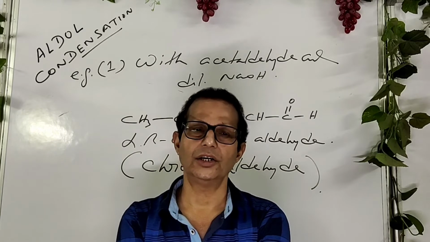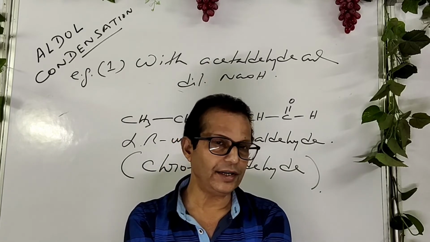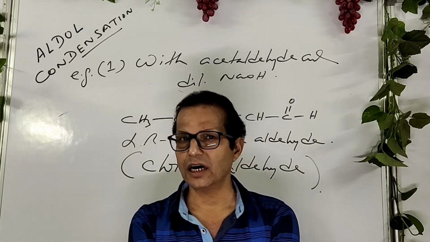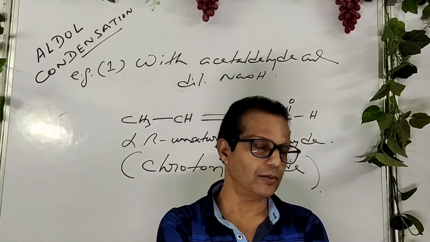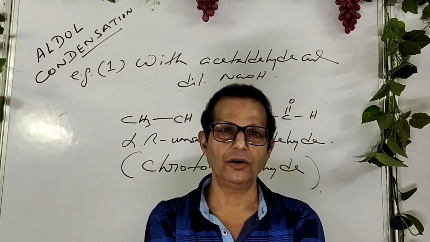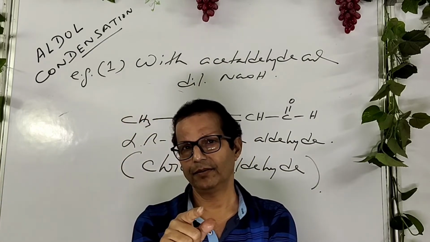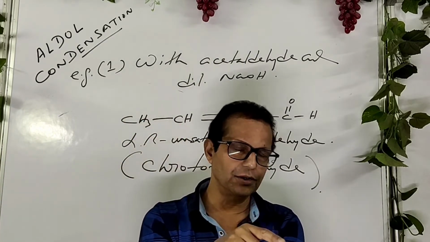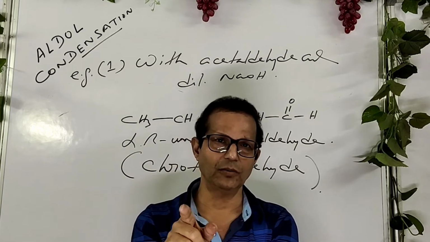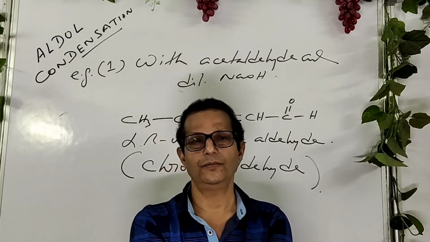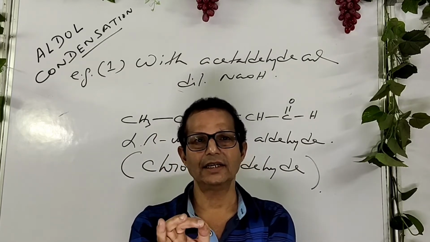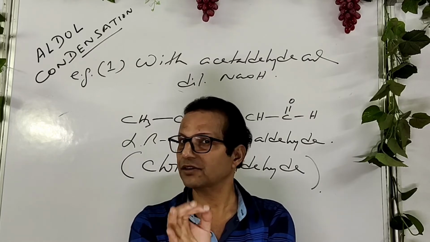During any reaction, if any intermediate is formed, here the intermediate is a carbanion. You know carbon having a negative charge is called a carbanion. If any intermediate undergoes resonance or tautomerism, then it becomes stable.